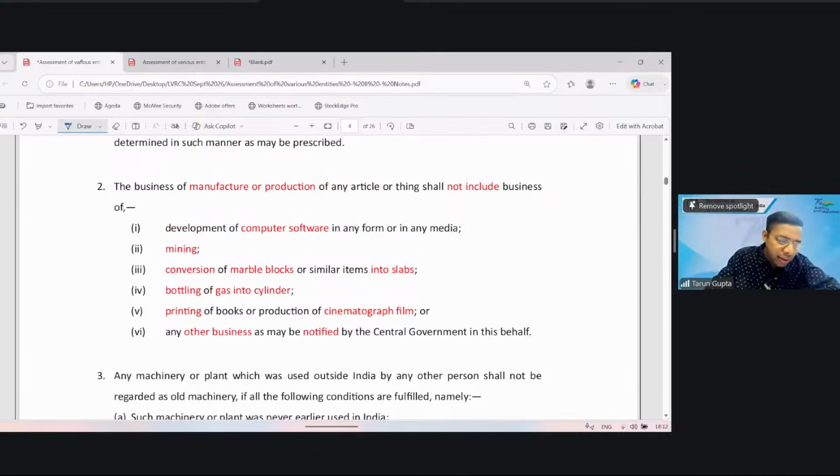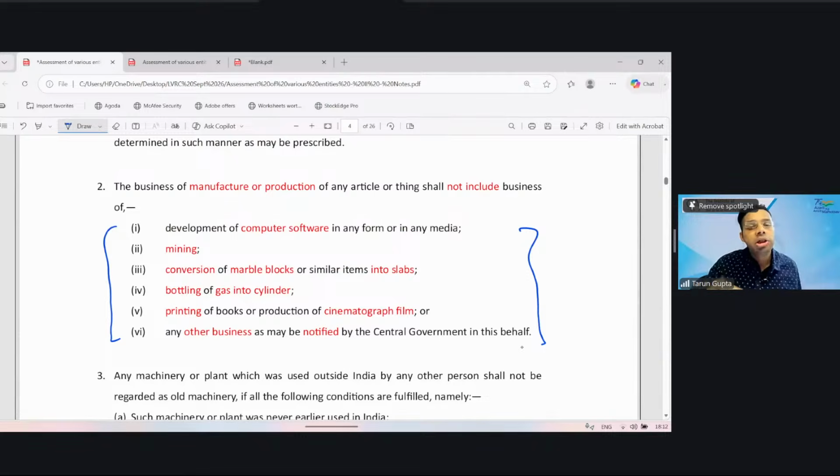So if cooperative societies engage in any of these businesses, then it is not eligible for the benefit of Section 115BAE, the concessional tax rate of 15%. These businesses are not treated as manufacture or production of an article or thing. One is development of computer software, second mining, third is conversion of marble blocks into slabs, then bottling of gas into cylinders, and lastly printing of books or production of films.